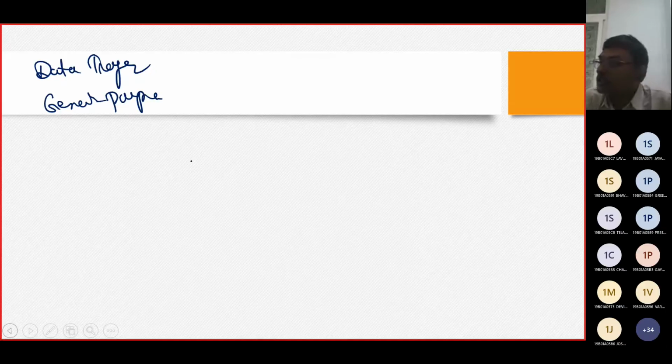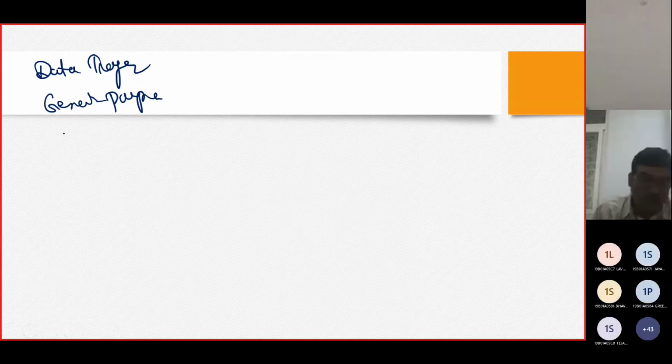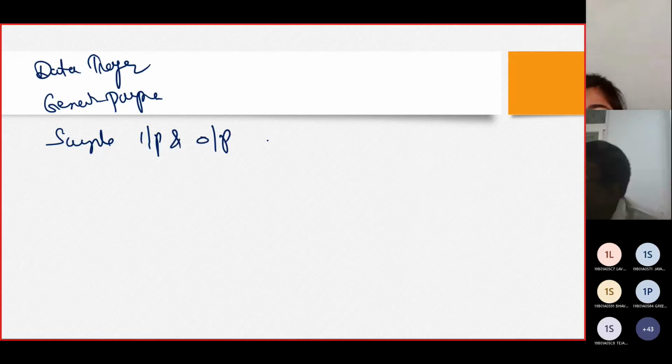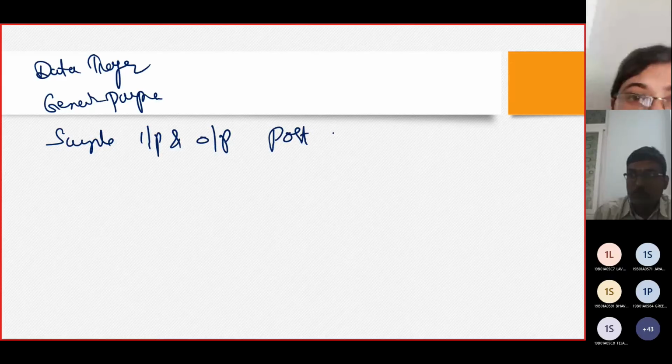Next thing was simple input and output port transfer instructions.